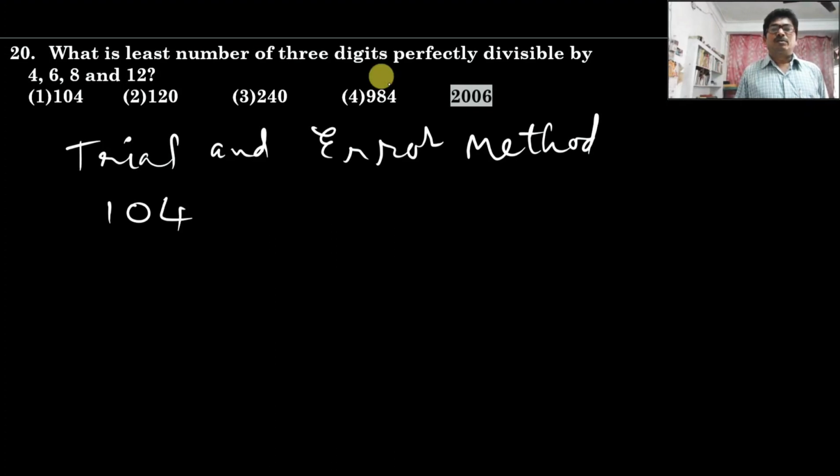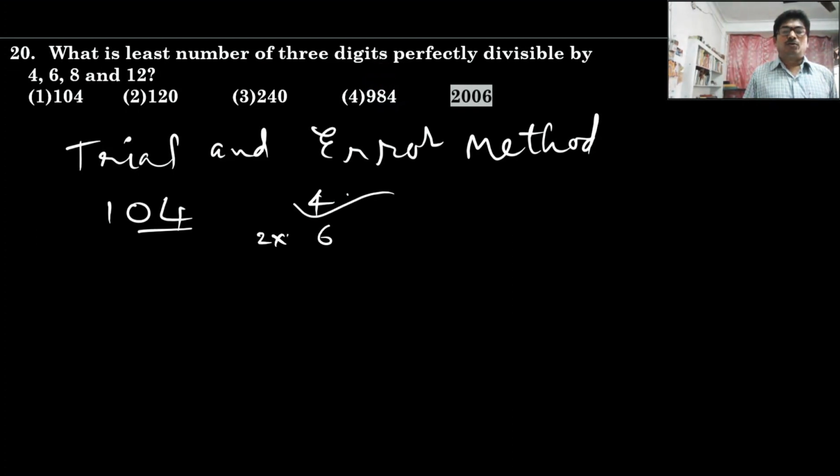104 is smallest. Taking this first option, we have to check all these numbers. Is this divisible by 4? Yes. For that, we have to check the last digits. Next, is this divisible by 6? To check with 6, we have to check 2 and 3.